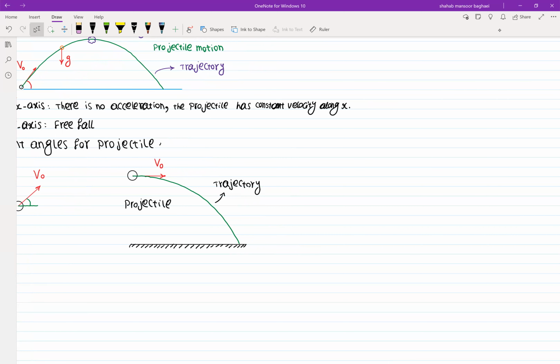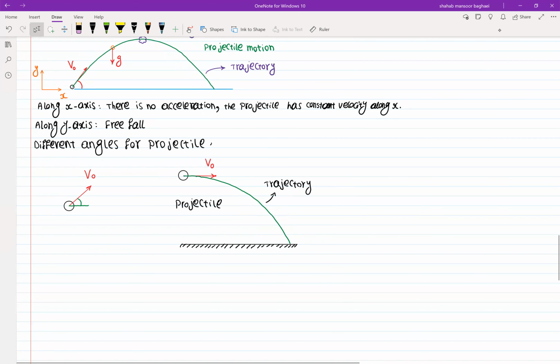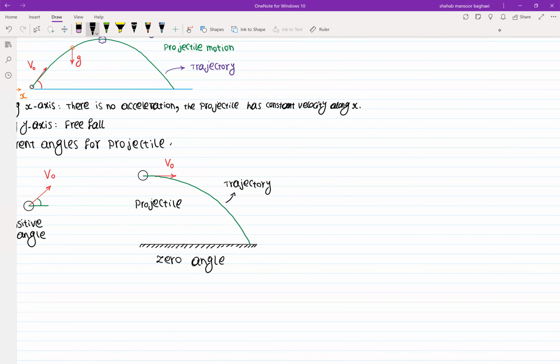Sometimes your angle can be negative. Okay, let's check it. This one is positive angle. This one is zero angle. And this one is negative angle.